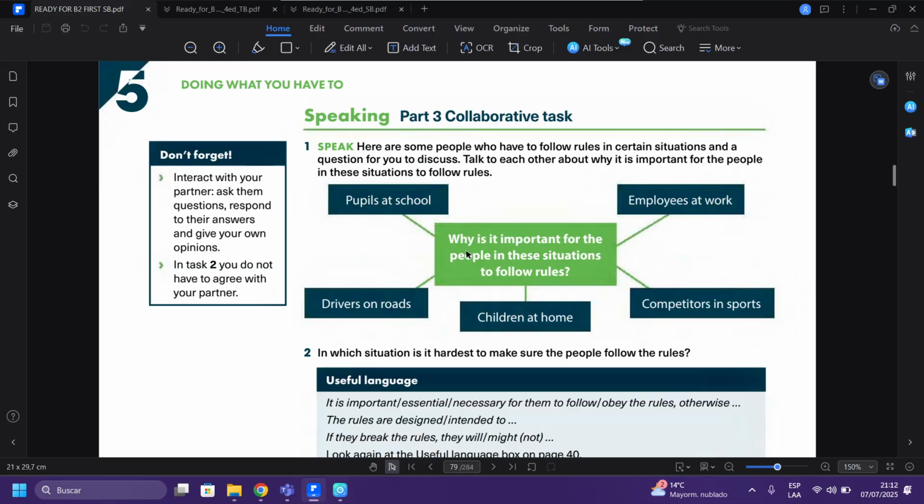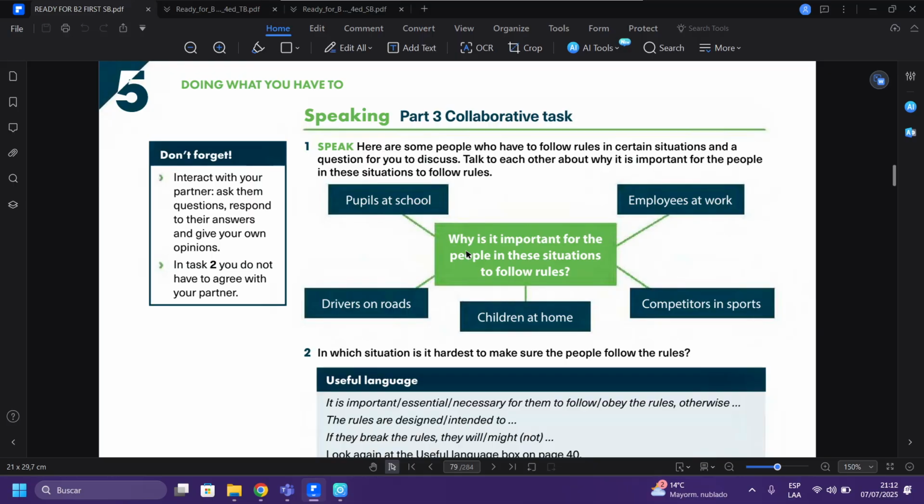And another topic. Why is it important for the people in these situations to follow rules in the context of competitors in sports? I believe the rules in sports competition are very important because they ensure fair play and player safety.